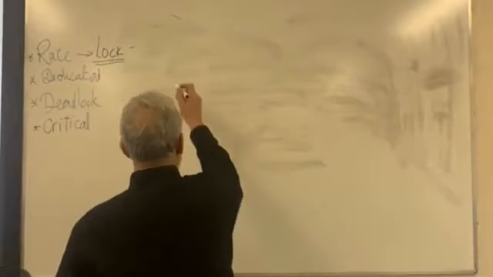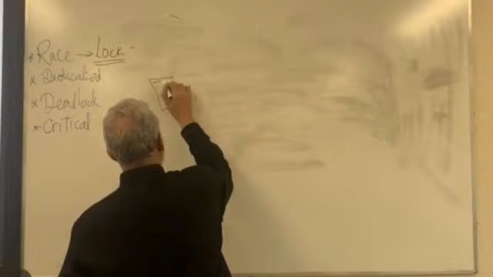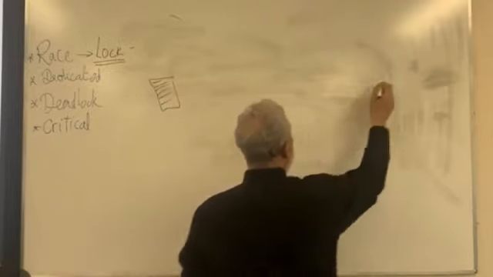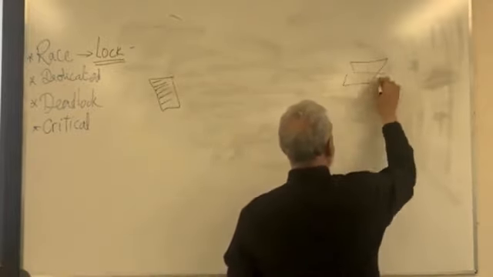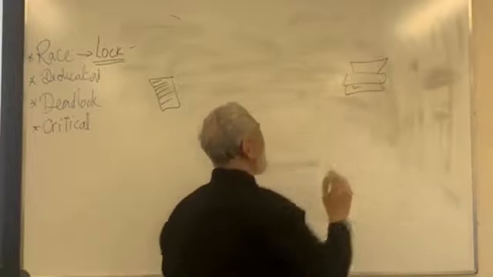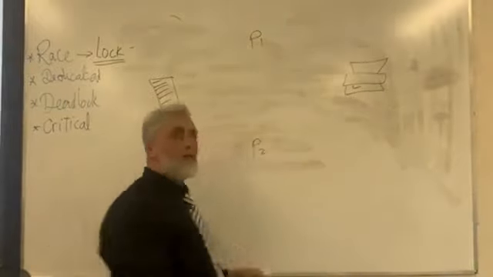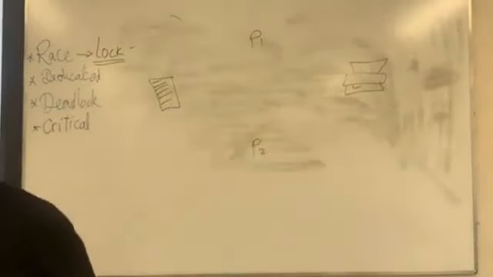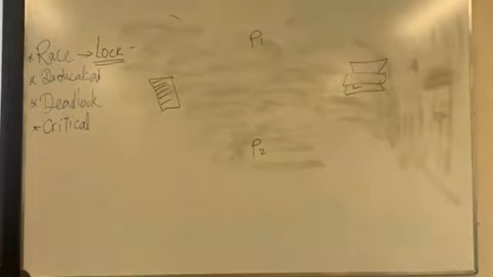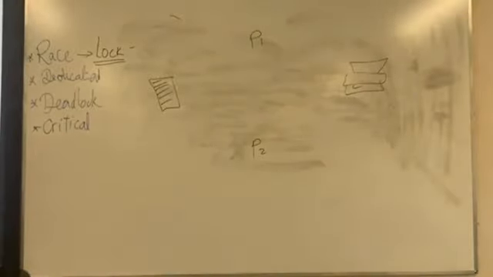So we have a file on this side with all the students' names, and we have a printer device that will print that list. And there is user number 1, person 1, and person number 2. They're 2 people, or persons, or programs, or processes. So P is for a process.